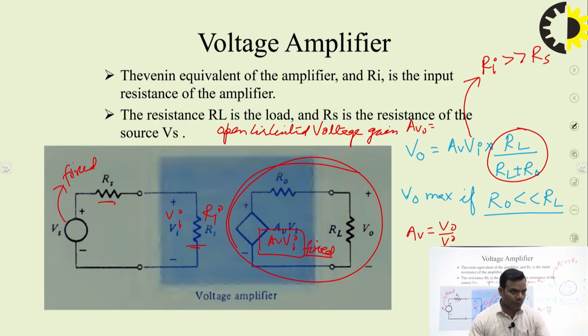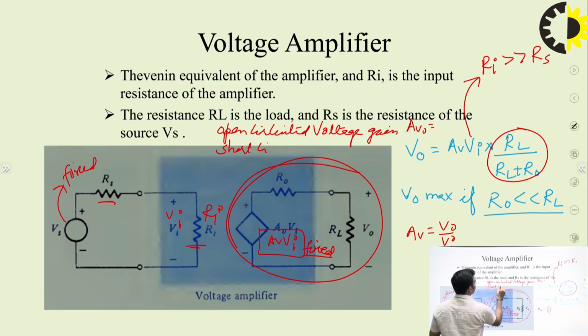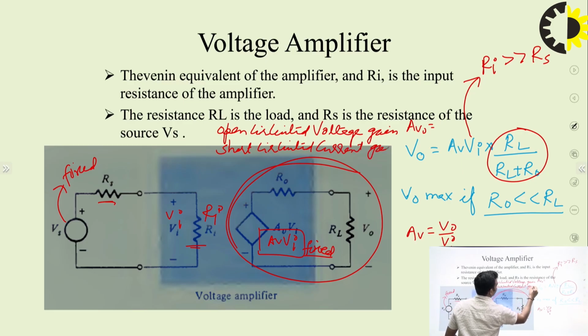Soon we will consider current amplifier also. In case of current amplifier, this parameter is slightly modified, and that time we will call it short circuited current gain.